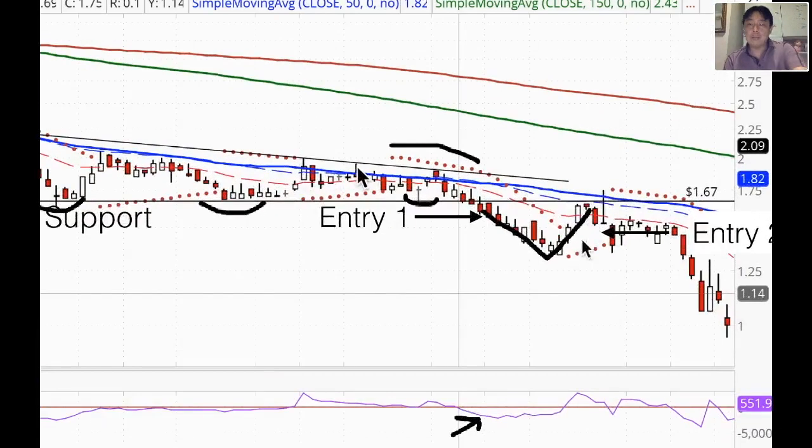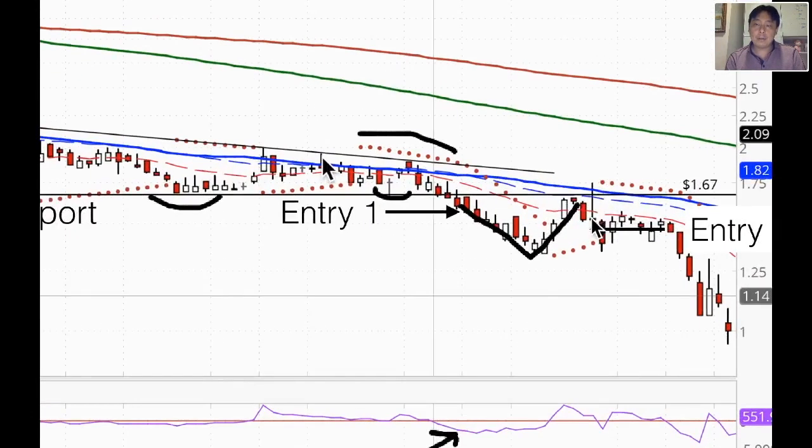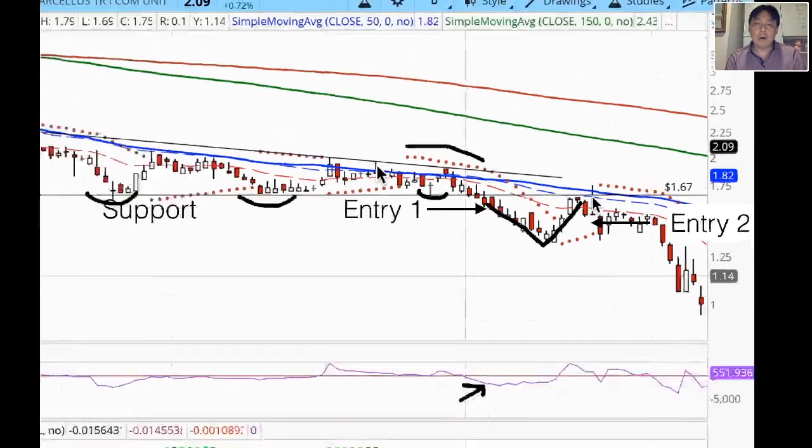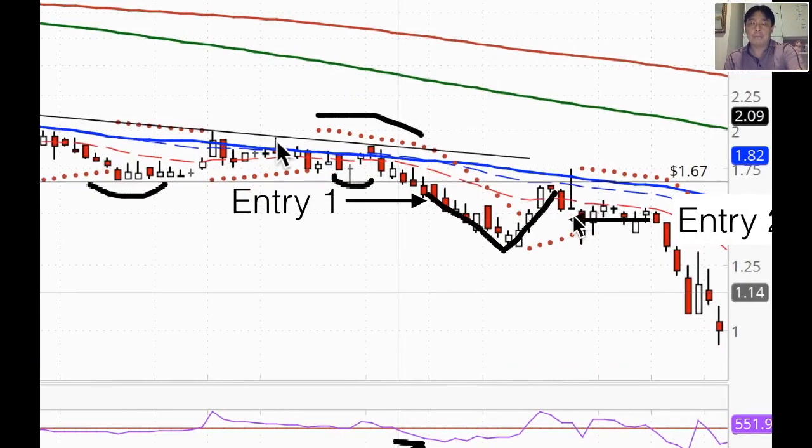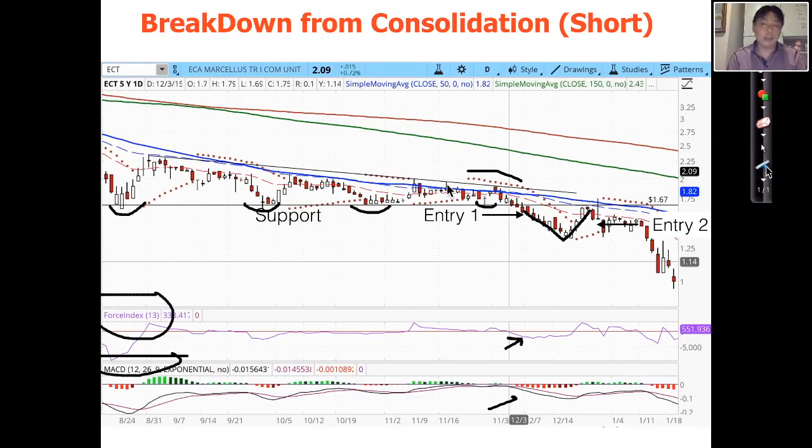And now what has happened as it retraces, it forms a bearish pin bar, right? That gets rejected off the support, which is now the resistance, right? So it breaks, comes down, goes up, boom, gets rejected, and now you enter here, placing your sell order right below the low of this candle. So this would have been a second entry that you can have taken.